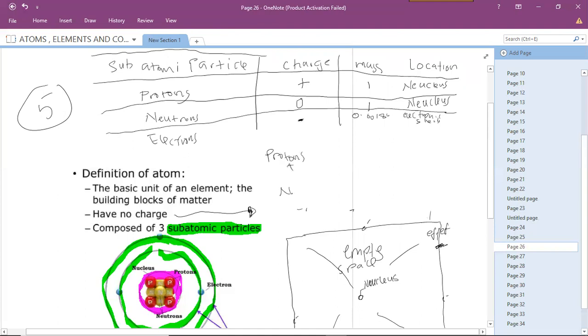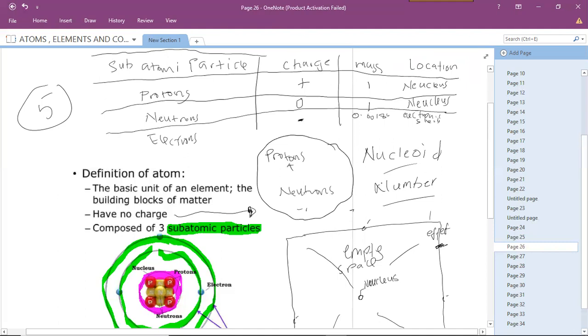Because protons and neutrons, these two subatomic particles, are found in the nucleus, the number of protons and neutrons in an atom is sometimes called the nucleon number. So don't become confused when you hear nucleon number in an exam.